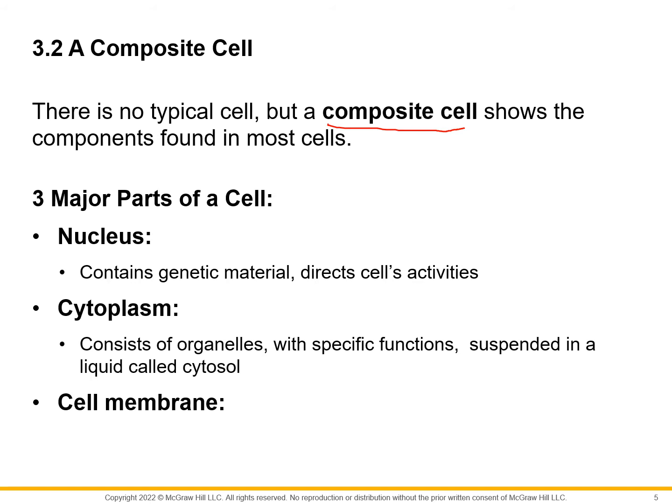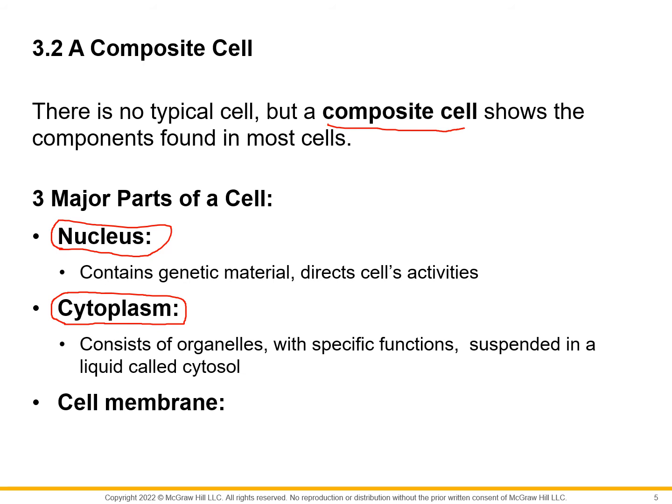But generally, cells are going to have three main things: a nucleus, cytoplasm, and a cell membrane. Now, first of all, understand, not every cell has a nucleus. Red blood cells do not have a nucleus, but most all other cells are going to have one. Another thing is cytoplasm. Most people come into this class having learned, for whatever reason, that cytoplasm is the liquid inside a cell, and that is not true.